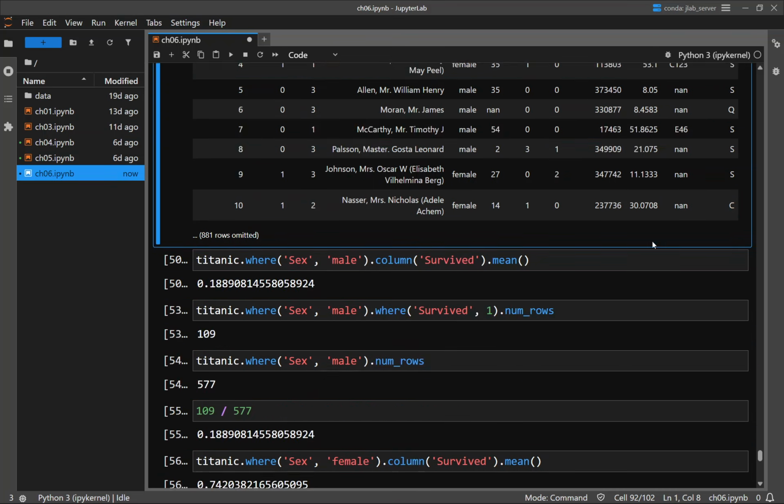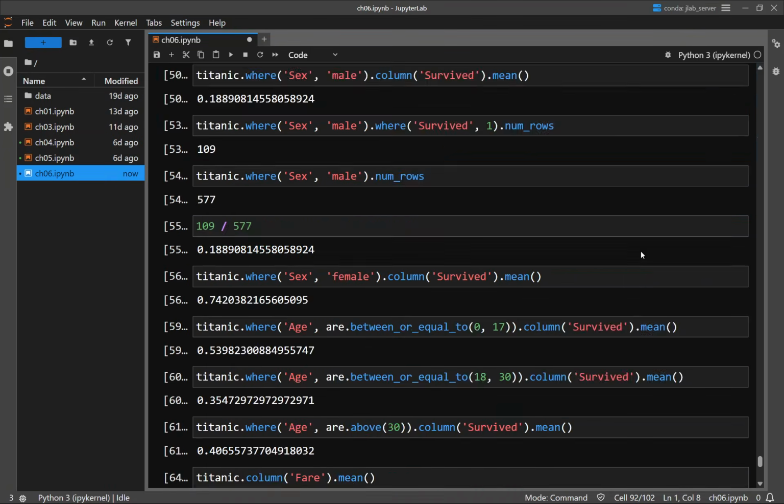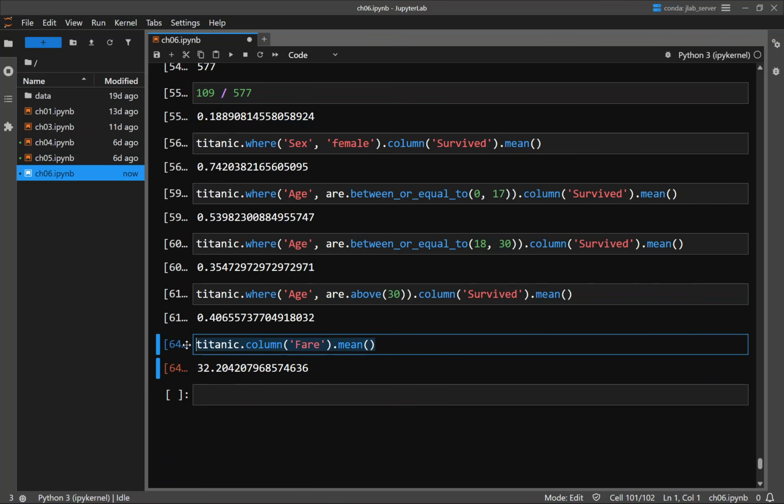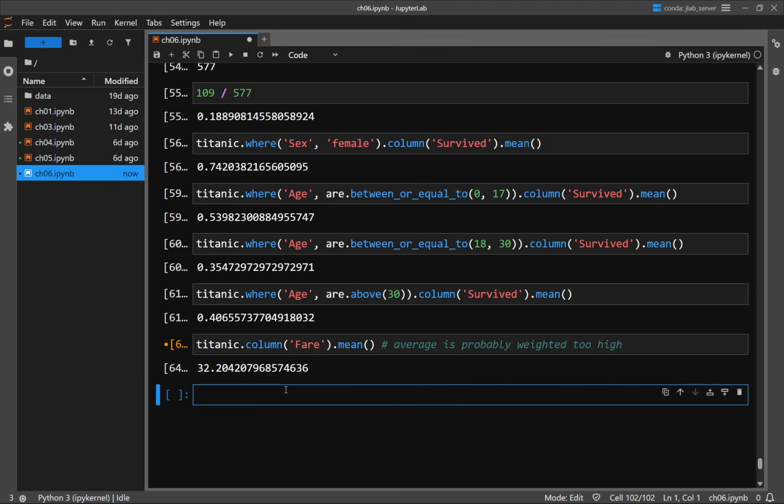If we've learned about averages before, I'm sure this is being pushed upwards, almost certainly. So the average is probably weighted too high because of a couple of people who spent an extravagant amount of money on their tickets. So maybe the median is a better answer here. We'll learn more about that eventually.